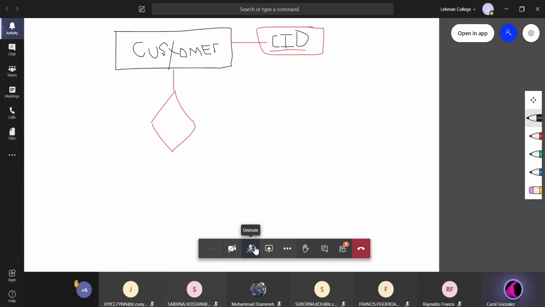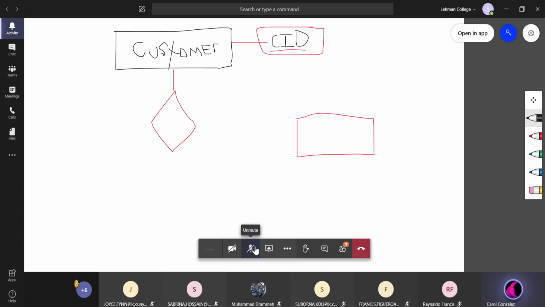With third normal form, if this happens right here, and remember this, associative entities, associative here.